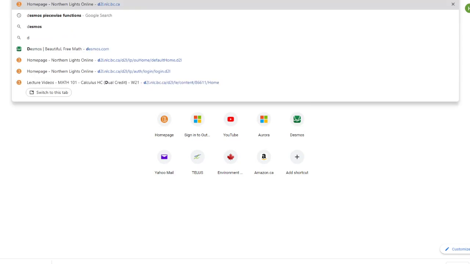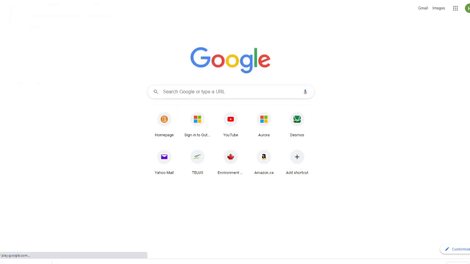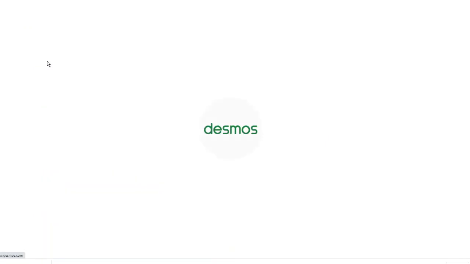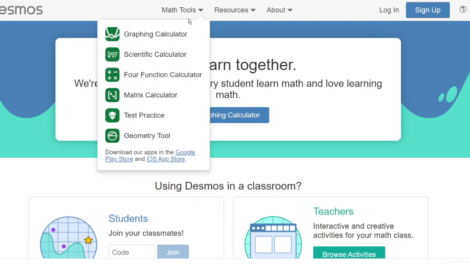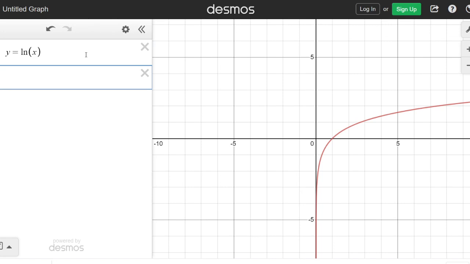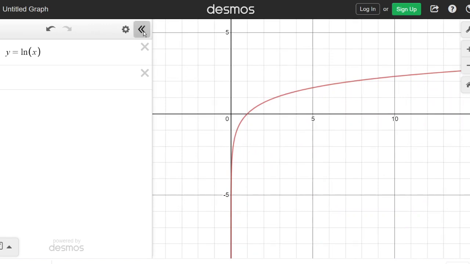I'm going to open a new tab. Okay, the graph of the function is something like that.